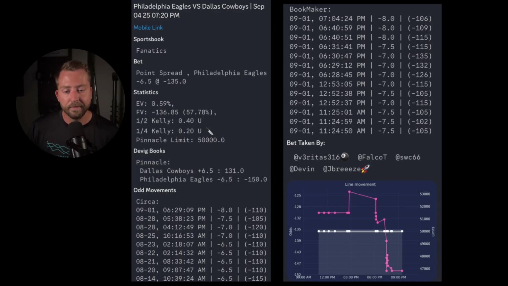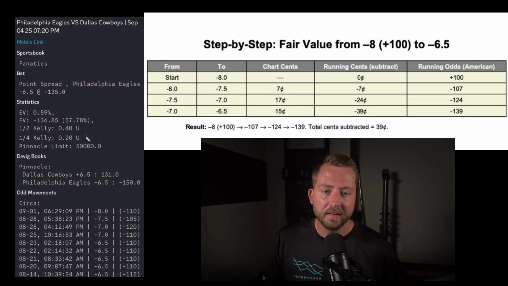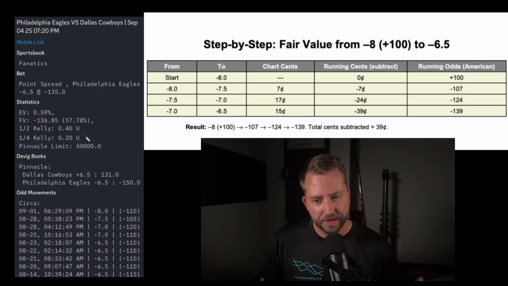and try to build our own fair value price: if this number was -6.5 on Circa, what would it look like? We can do that by using the value chart that I displayed earlier. Here is a table breaking down the exact steps you need to take to determine the fair value of the Circa price at -6.5.